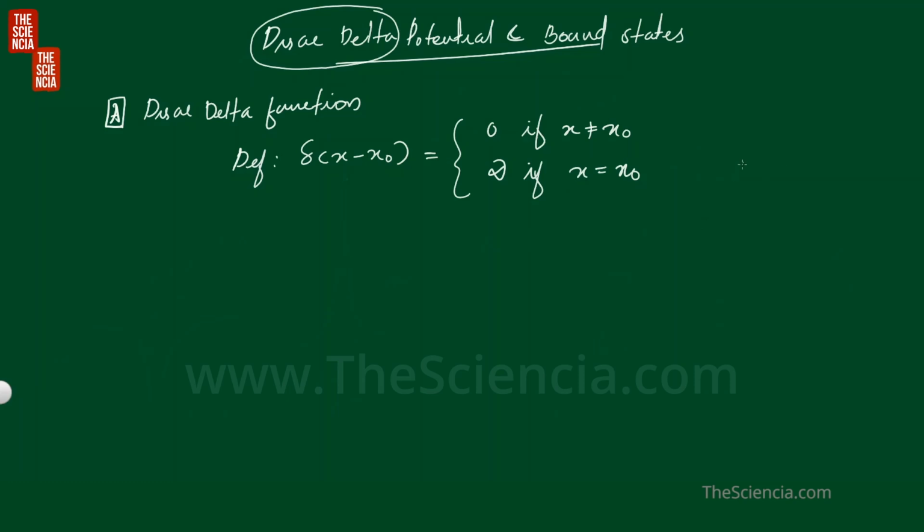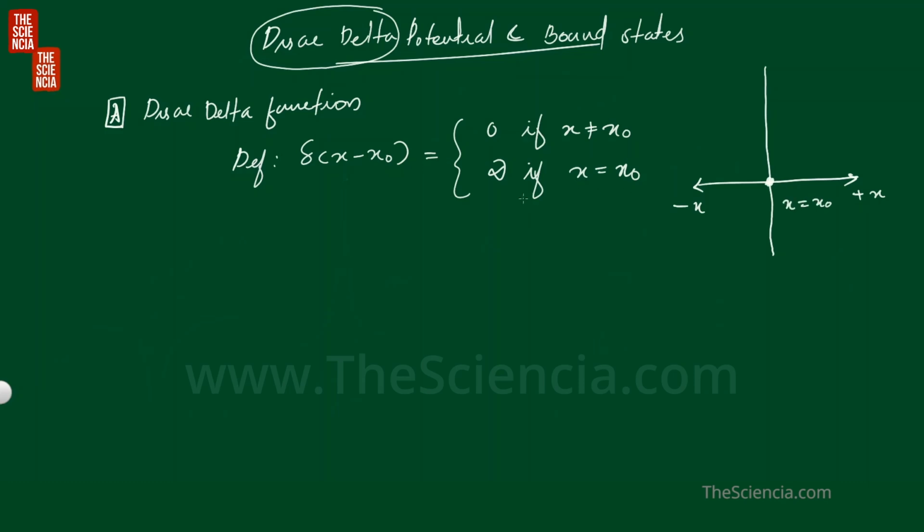So we can draw this function. This is our x-axis and this is the y-axis. Let us consider this point is x equal to x0.